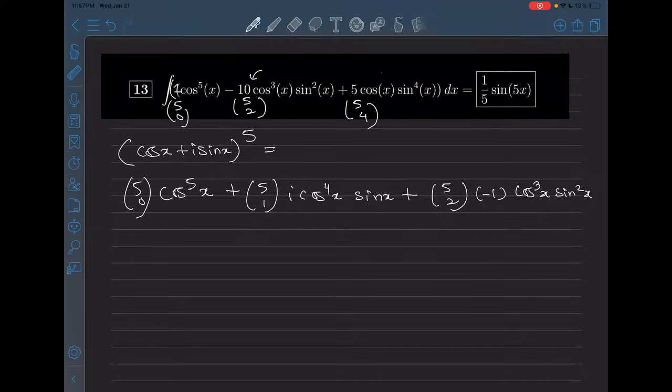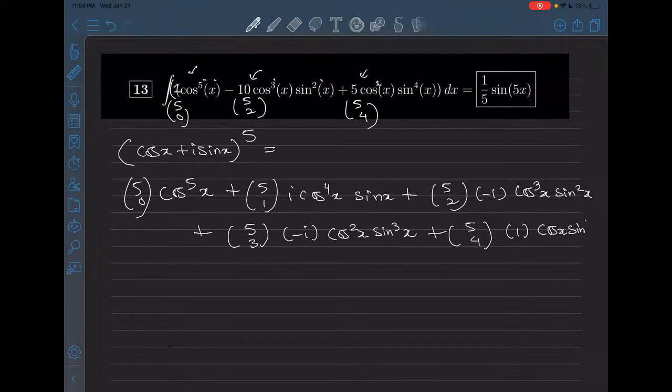The fact that these were binomial coefficients, and the power was also in decreasing order of 5, 3, 1, and from 0, 2 to 4, that was what gave me the idea. And then plus 5 choose 3, now this will be minus i cosine square x sine cube x, plus 5 choose 4, this will be 1 cos x sine to the power 4x, plus 5 choose 5, this is i sine to the power 5x, right?